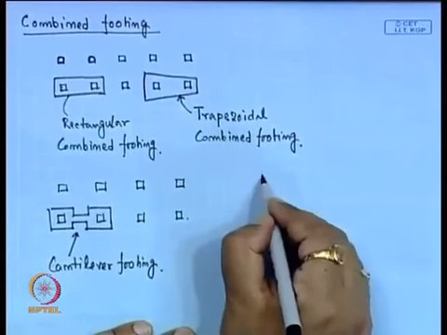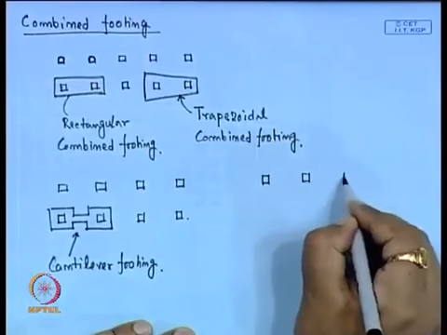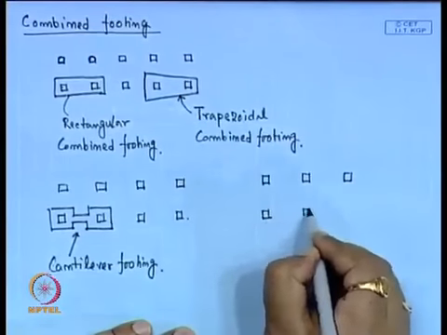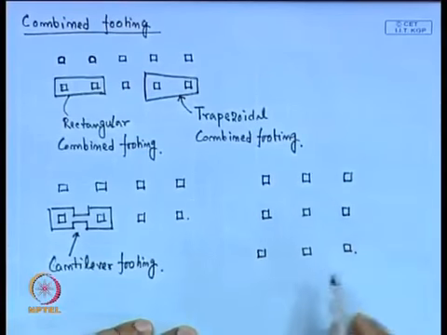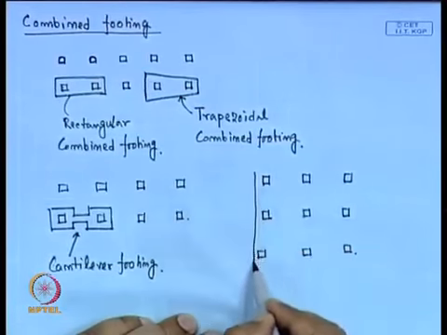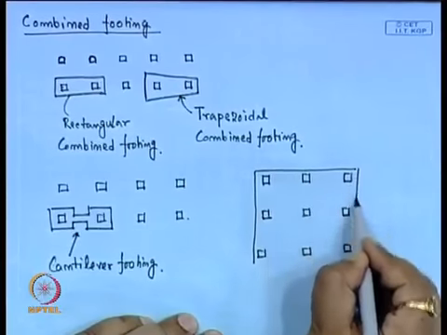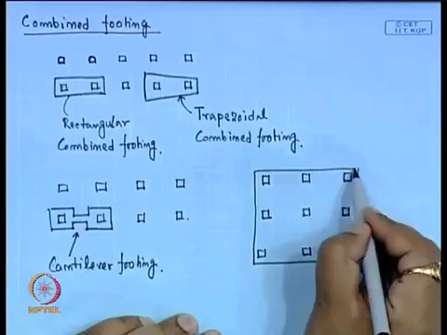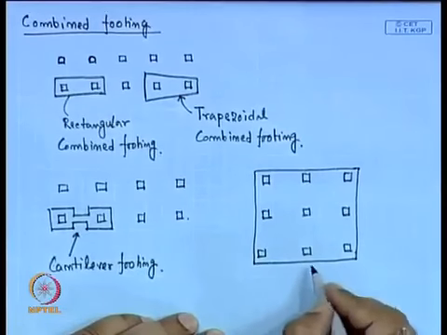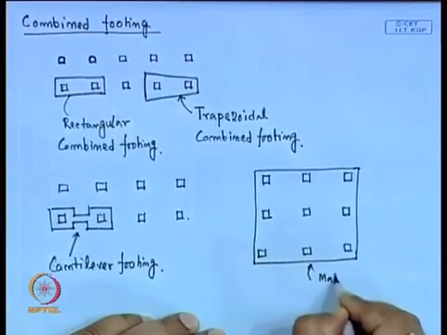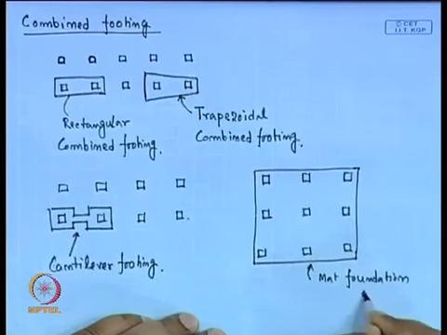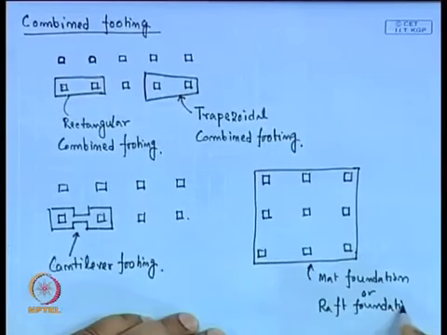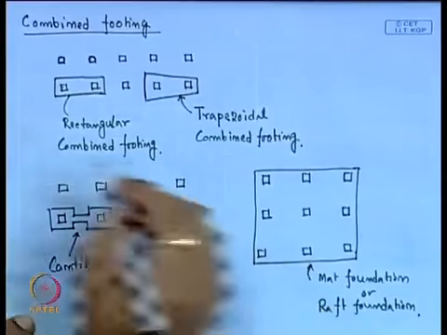Now, if this is the column arrangement of a building, and we combine the entire area of the proposed building by one single footing, then this type of footing is called the mat foundation or raft foundation. So, these are the different types of combined footings.